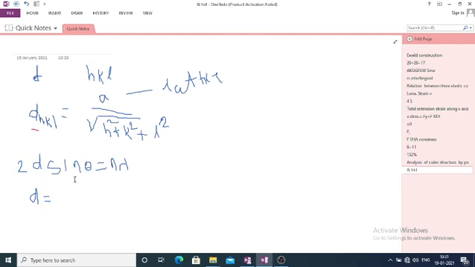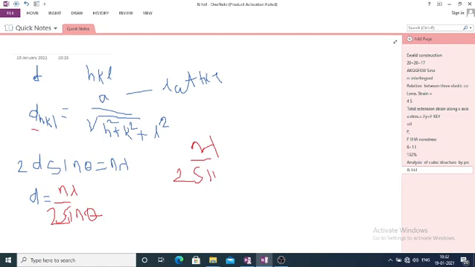See here, d is equal to n lambda upon 2 sin theta. So if we compare, there is a, or n lambda divided by 2 sin theta, not a d.